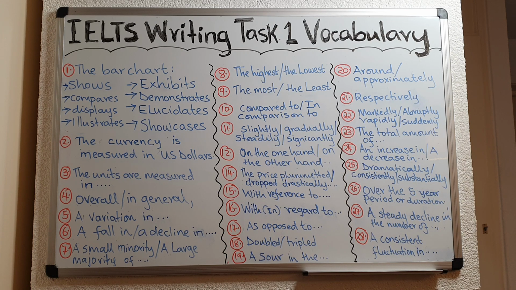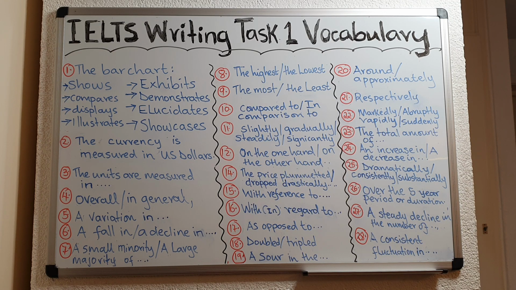Okay? Now, consistently means steadily. Consistently means steadily or gradually. It is going up and up and up. It is not going down. Let's say, for example, you're looking at a line graph and it just keeps going up and up and up.